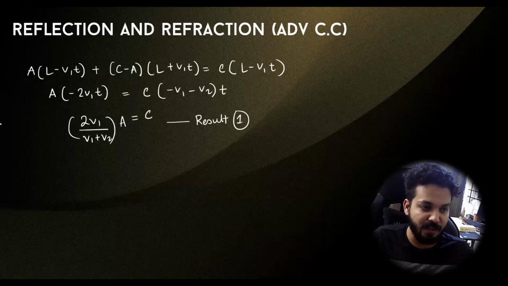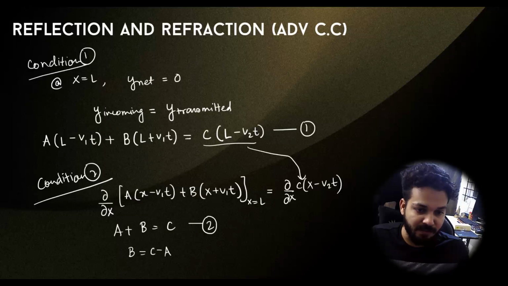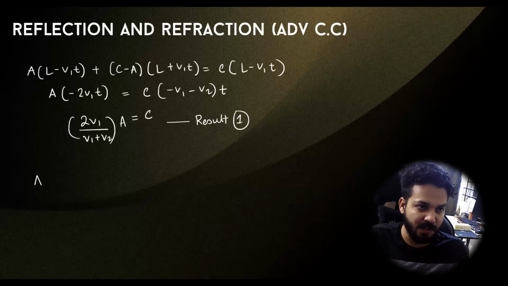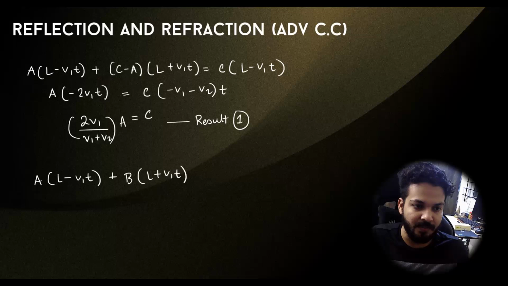The second result is when we do the same thing, but we try to eliminate c from the previous equation. So I'll find the value of c from this equation, which is a + b, and I'm going to plug that value into the first equation one more time. So the equation would look like a(L − v1t) + b(L + v1t) equals c times, c is this time a + b, into (L − v2t).